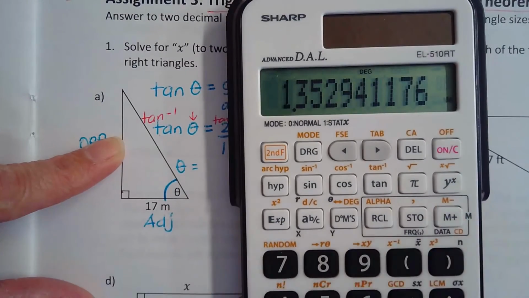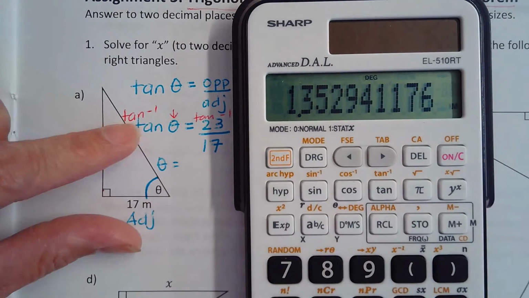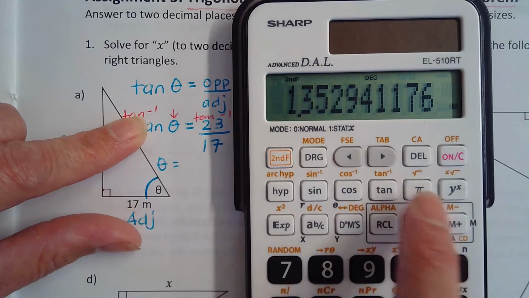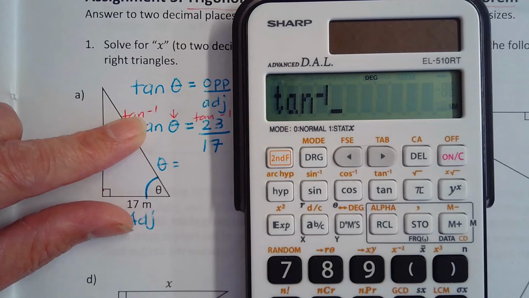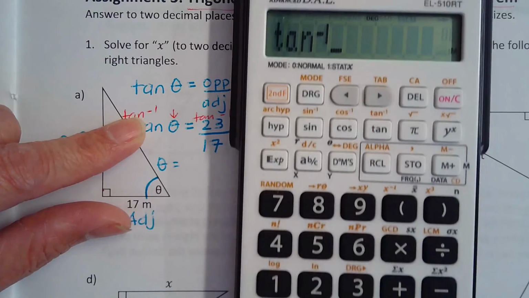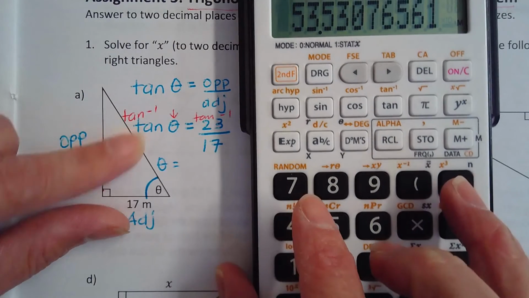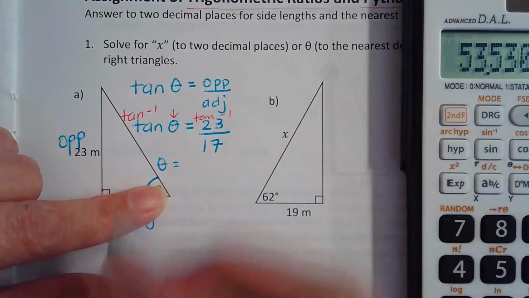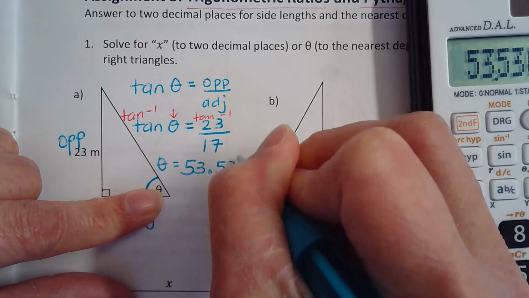So this is what we got when we got 23 divided by 17. And then we're going to do the tan inverse. So second function, tan inverse. Tan inverse of my answer. So I'm just going to press answer here. And it's 53.53 degrees. 53.53 degrees.